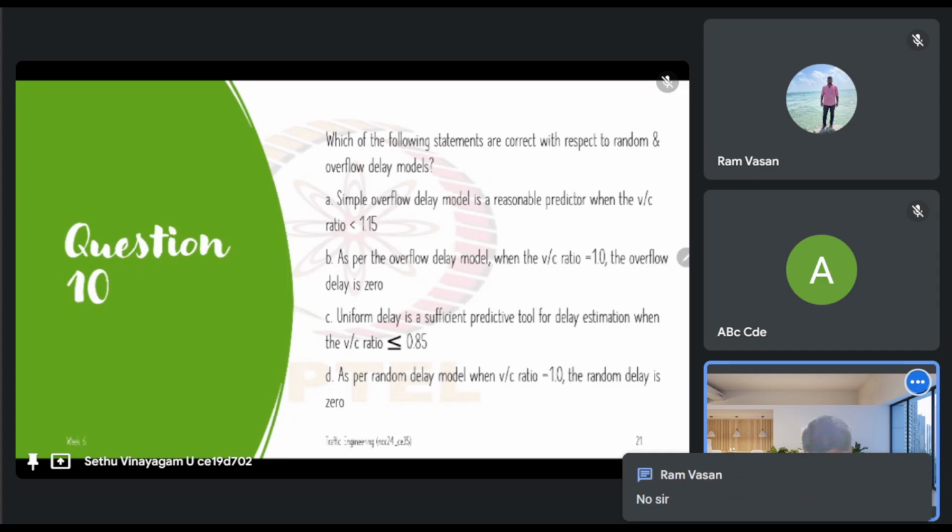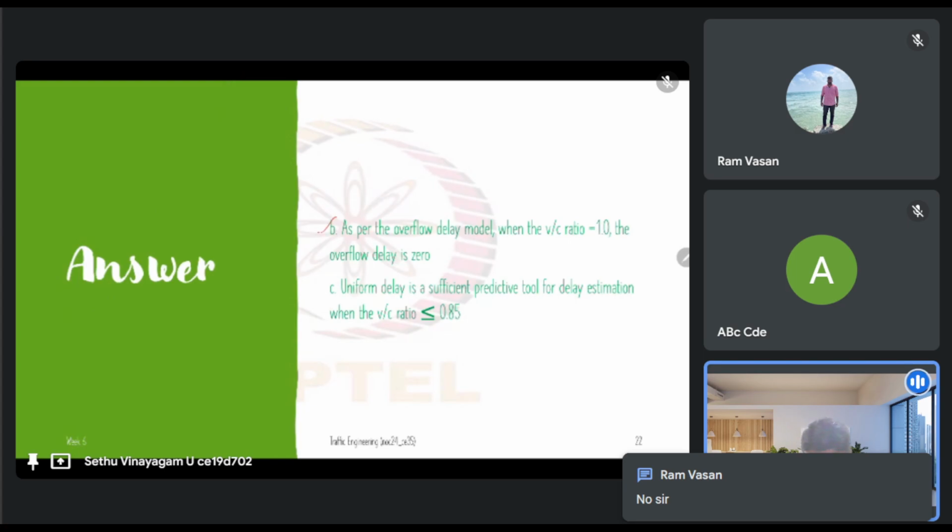Okay, so the right answer are both options A, B, and C.